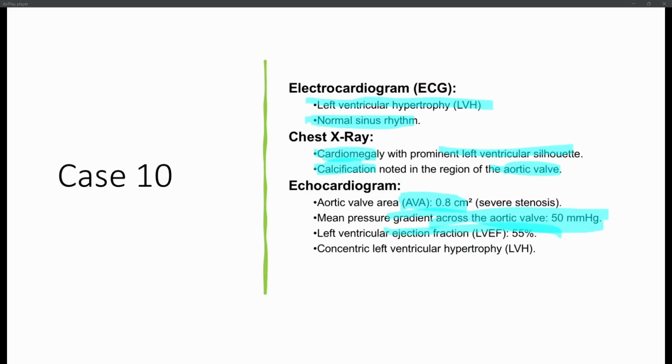Left ventricular ejection fraction, 55%. How's that? Good. And we have concentric LVH. What type of conditions cause a concentric hypertrophy of the left ventricle? Aortic stenosis. Aortic regurg causes what type of hypertrophy?